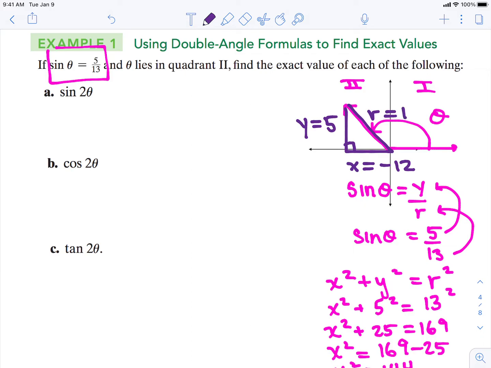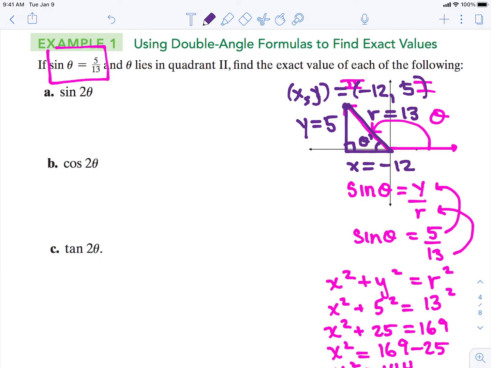And then our radius was given to us in our ratio, 13. And this is our reference angle. And then there's some point sitting up here, x comma y, that is negative 12 comma 5.